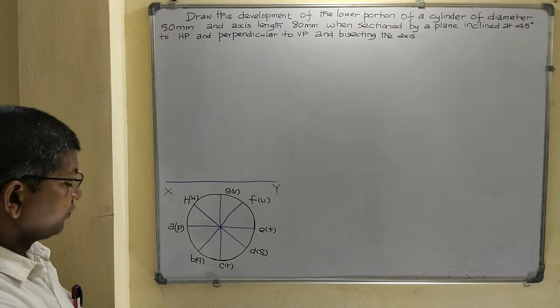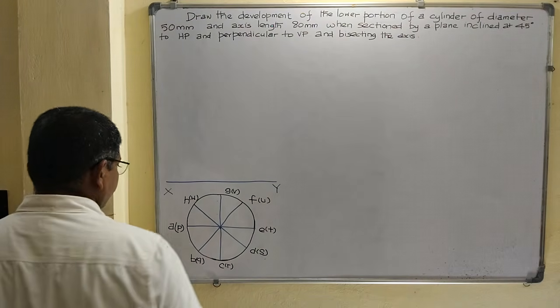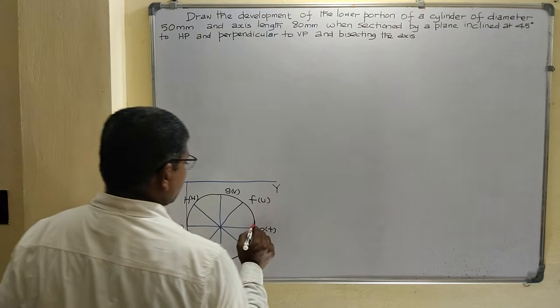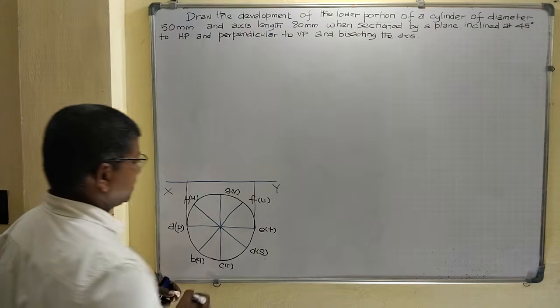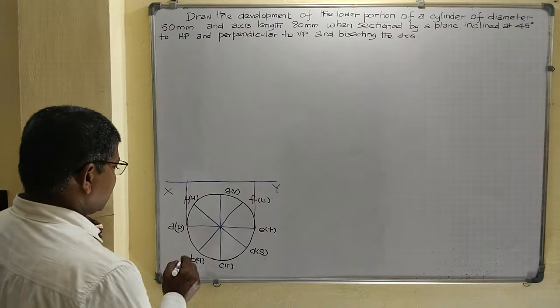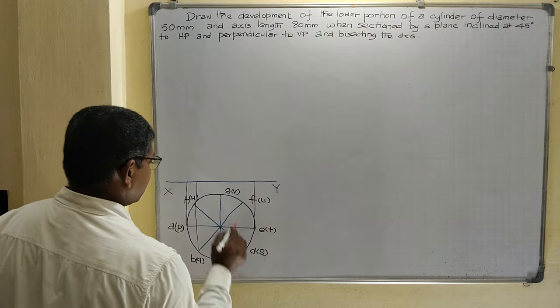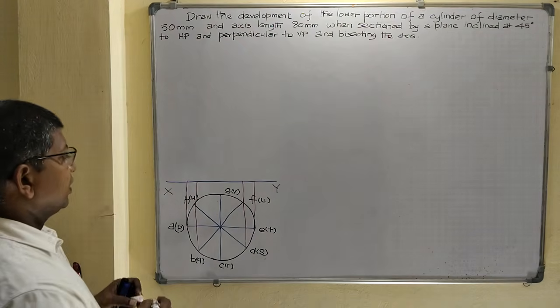Now project the front view from the top view. Using a 2H pencil, draw the extension line, the projection line. Now project all the generators.